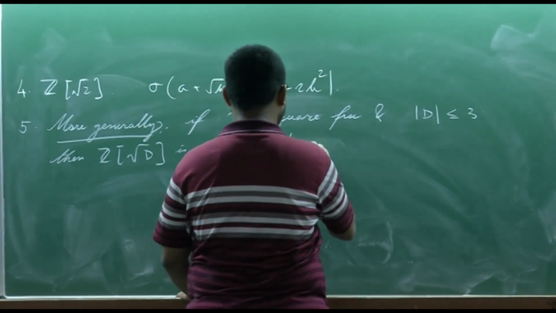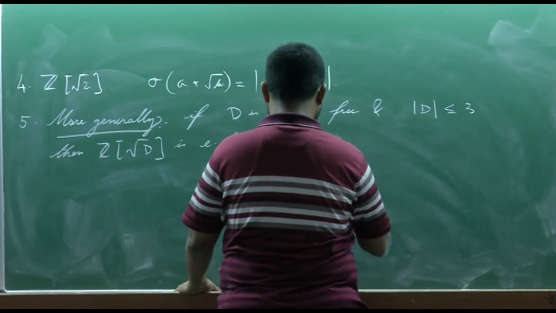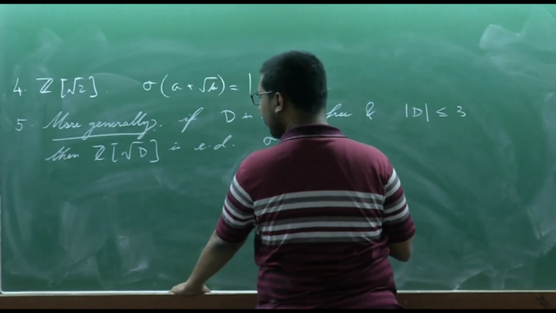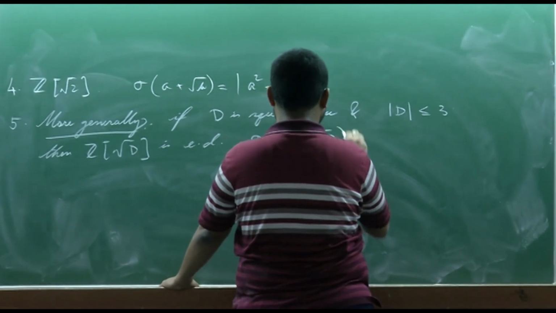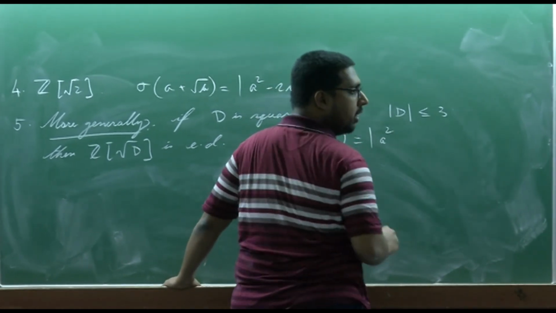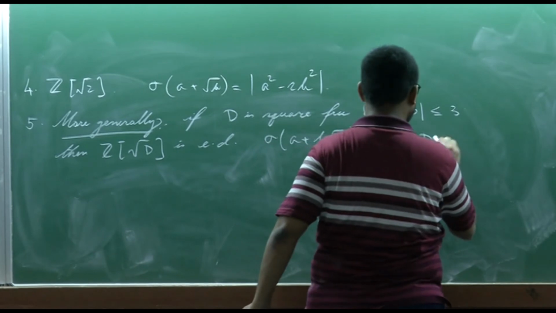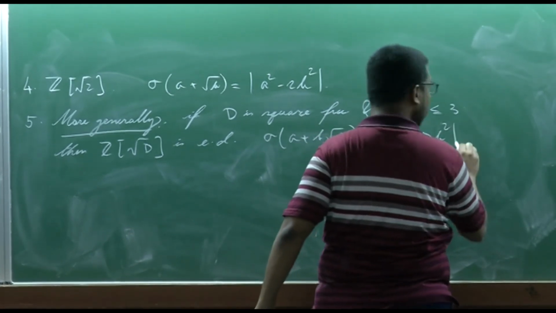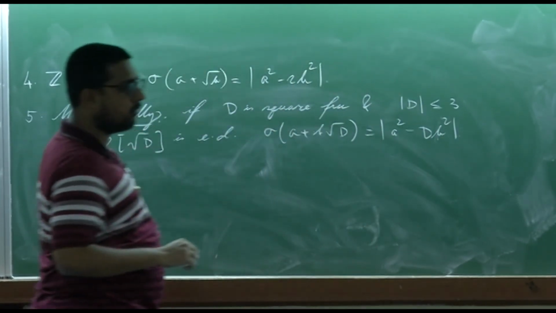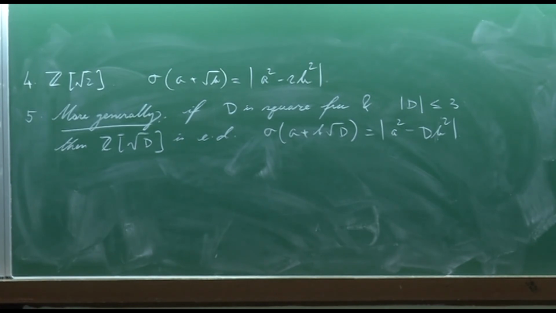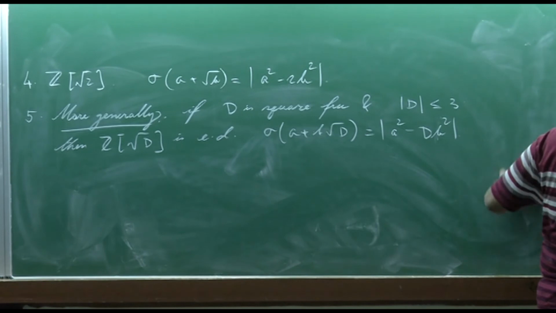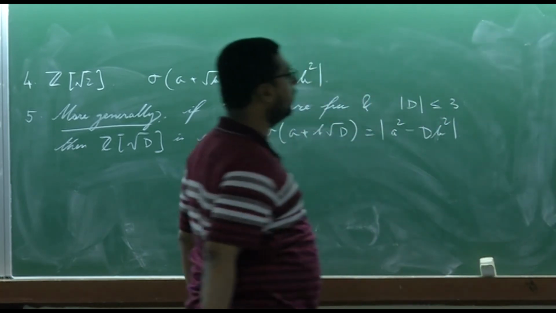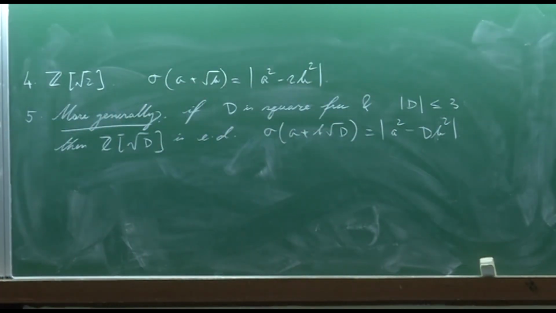Maybe I am leaving this to you. The square of the integer a plus b root D is nothing but a square minus D b square. Okay. So, more generally this is the case. So, some quick examples, or standard examples of Euclidean domains are given.